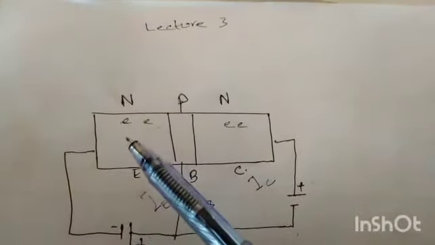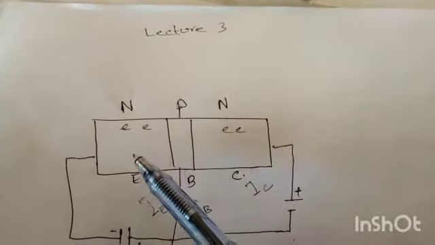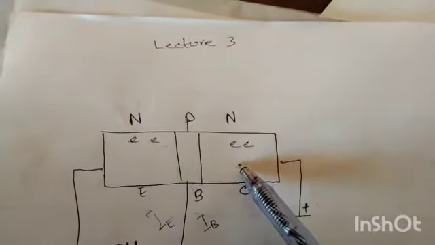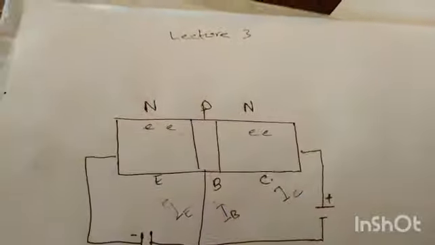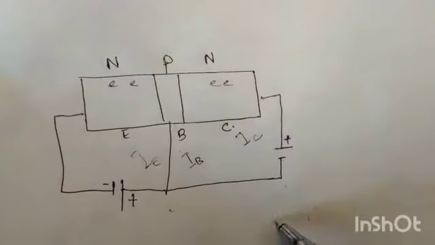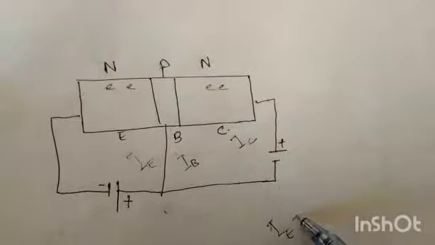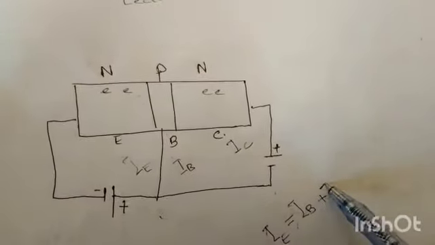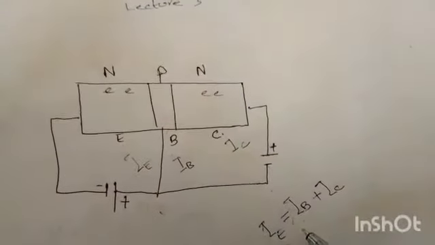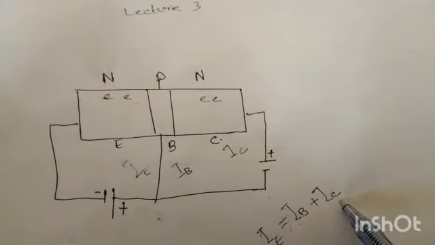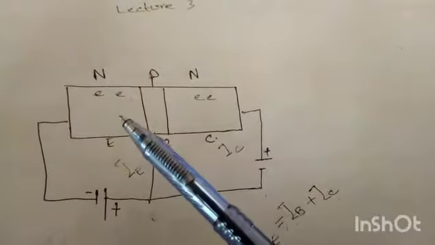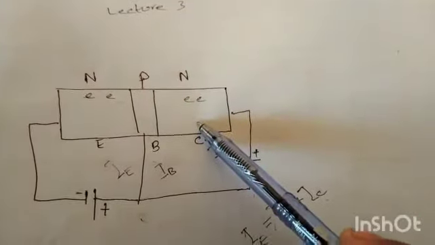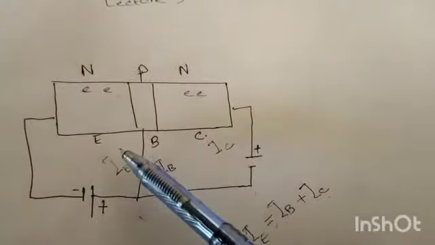Now the current flowing from the emitter is equal to the base current as well as the collector current. So we can write that IE is equal to IB plus IC, meaning the emitter current is equal to the base current plus collector current, because the charges move from the emitter and are collected through the base as well as the collector.